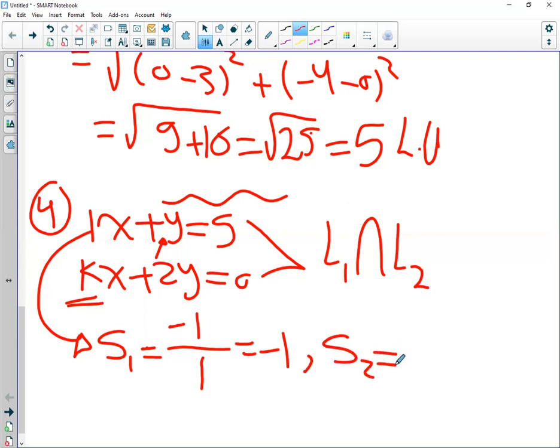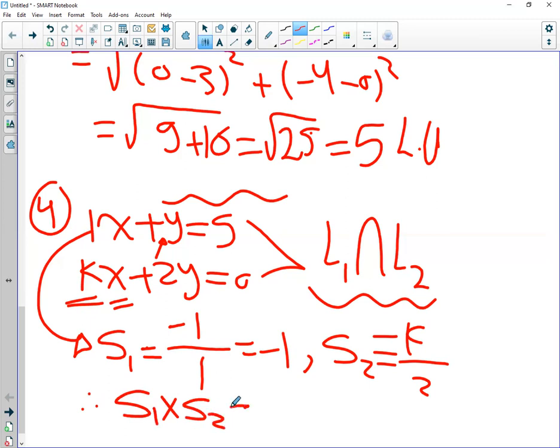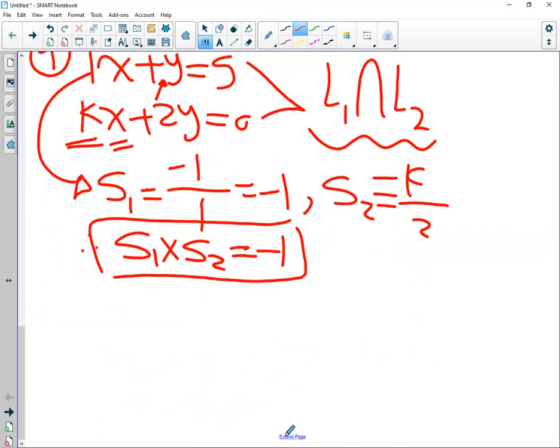Negative the coefficient of the variable x, which is k, over the coefficient of the variable y, which is 2. So S2 equal negative k over 2. Now we know that the two straight lines are perpendicular. Rule: if the two straight lines are perpendicular, then S1 times S2 equal negative 1.